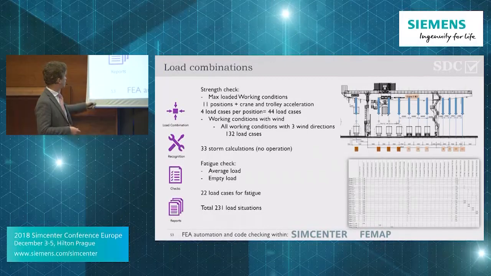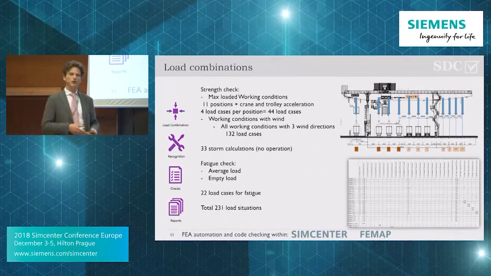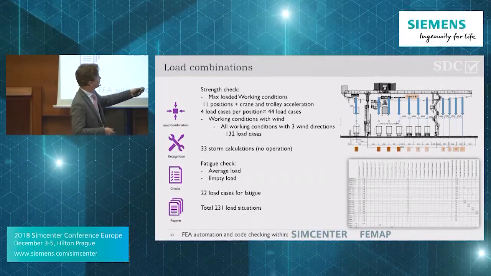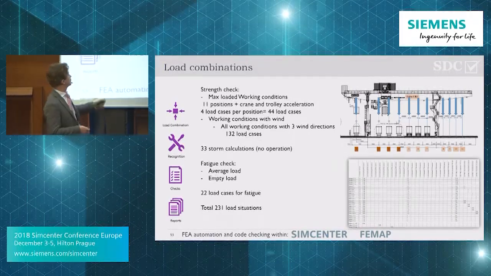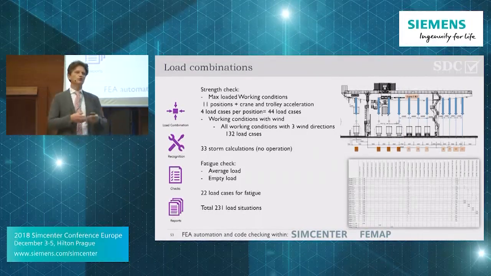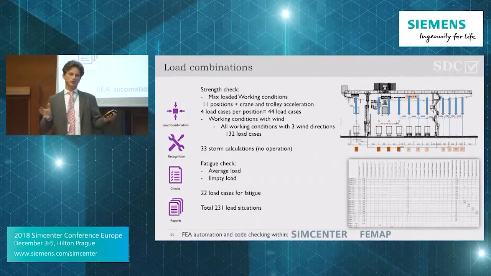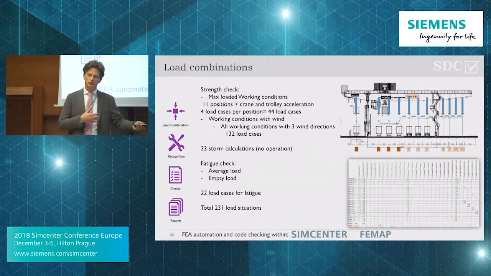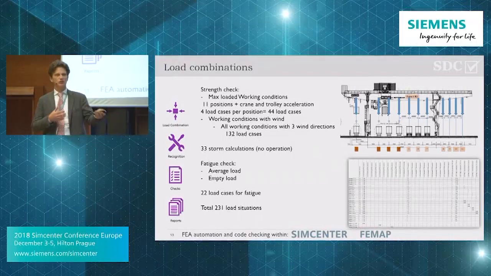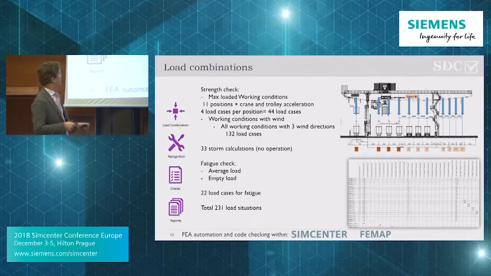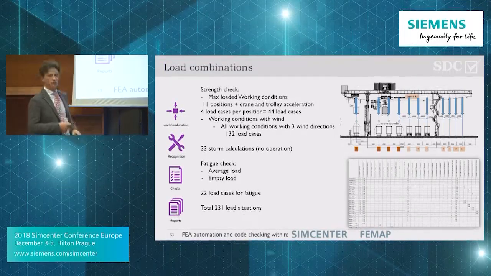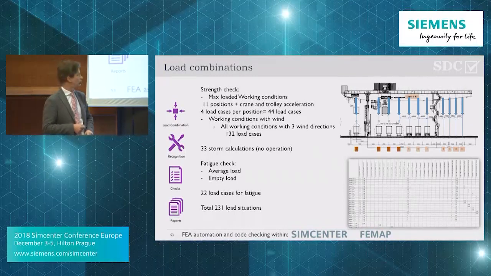We have a fatigue check. For the fatigue check, we can use the lifting loads, but they are not the same as these maximum loaded working conditions, because you use more or less the average result. Instead of using the maximum container, you can use an average weight. So these are different from the maximum loaded operational conditions.